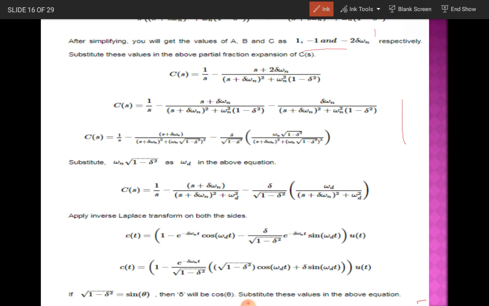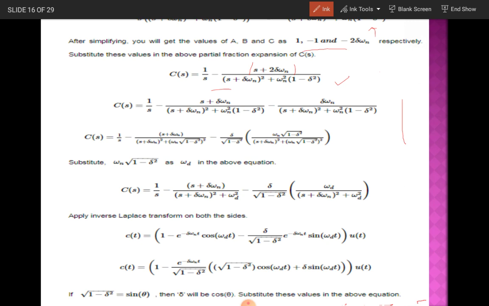Then substituting this in this expression, you will get C(s) = 1/s - (s + 2 delta omega_n)/((s + del omega_n)^2 + omega_n^2 (1 - del^2)). Right? Then the next step is we have to take the inverse Laplace transform.